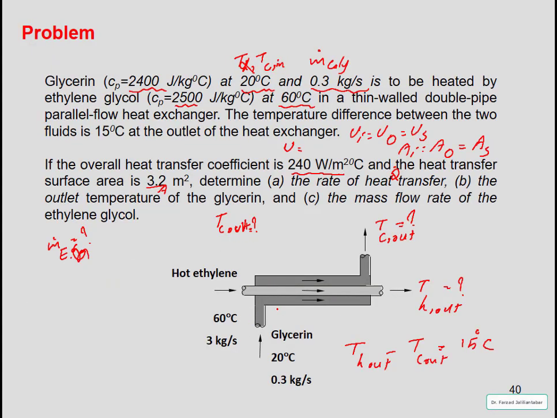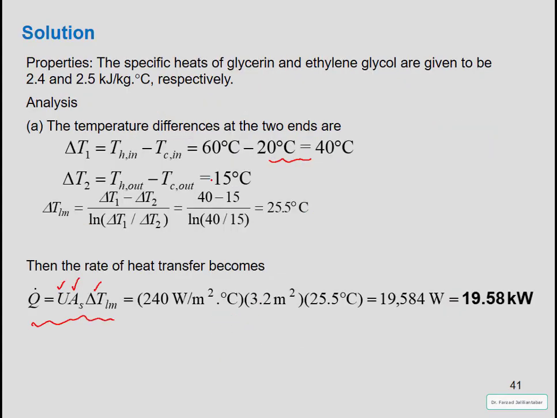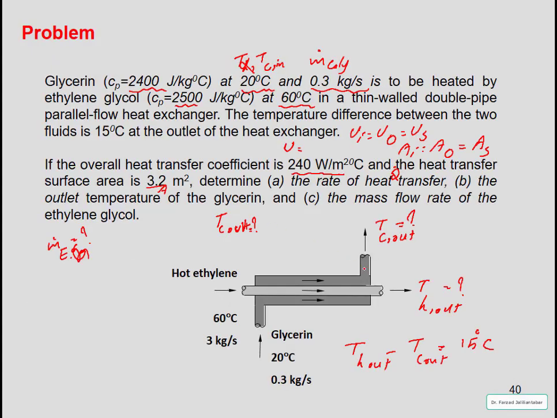Here is a parallel flow heat exchanger, so delta T1 is the temperature difference between these two temperatures, which is 60 minus 20 degrees Celsius, which is 40 degrees Celsius. Delta T2, or the temperature difference at the output of the heat exchanger, is TH out minus TC out, which is given as 15 degrees Celsius.